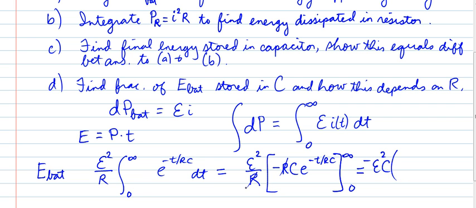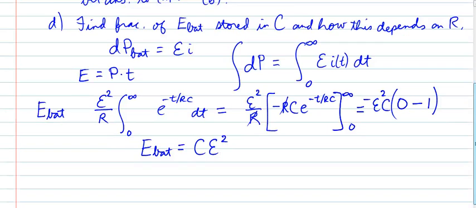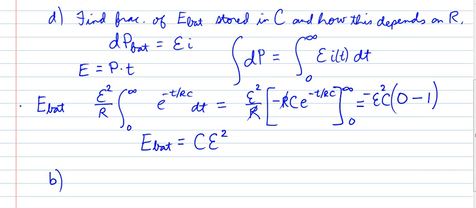The R's cancel out, and when I evaluate this when t is equal to infinity, that's going to give me e to the negative infinity power, or 0, and then e to the 0 power is going to give me 1. So another way of saying this is that the total energy supplied by the battery is going to be C E squared. Okay, so the capacitance times the voltage squared. Okay, so far so good. In part B, so there's our answer to part A.